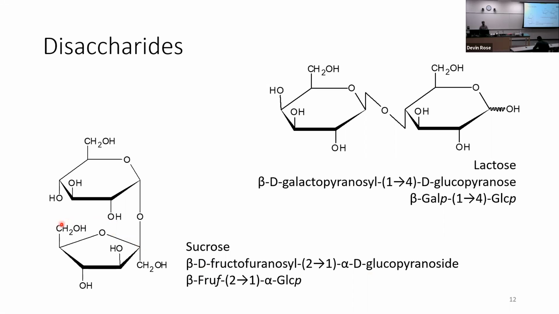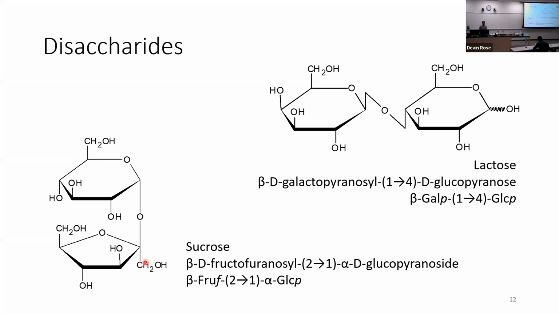So this is the fructose, and this is the first time we've seen a 5-membered ring. But this is what it looks like. And remember, that's a furanose. I have this here, this is the fructofuranosyl group here. So we know that it's in a 5-membered ring.